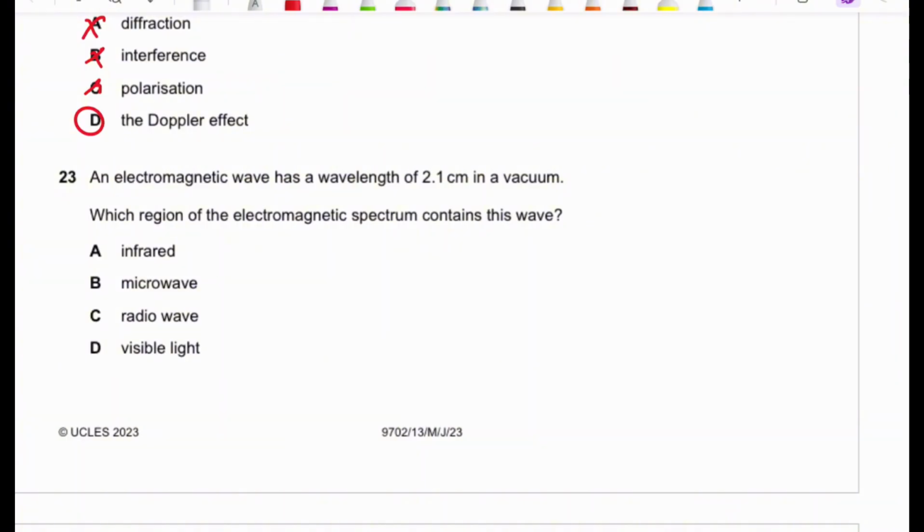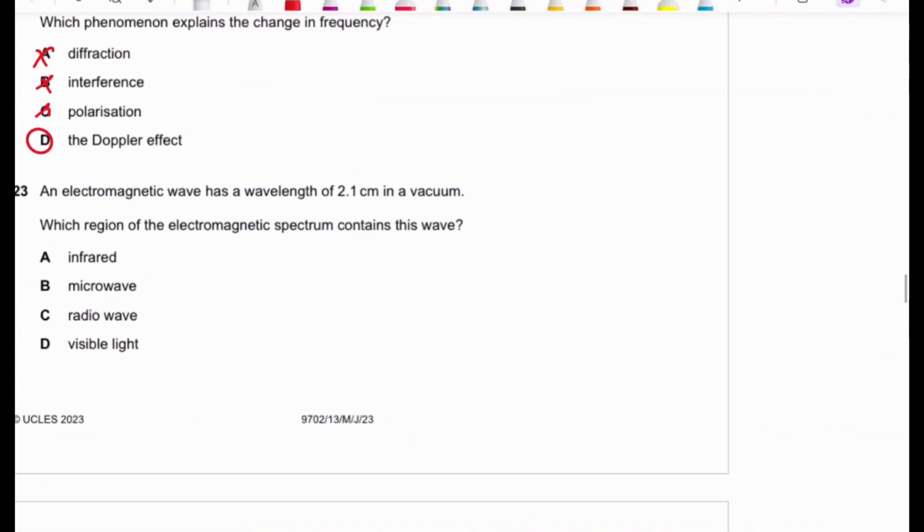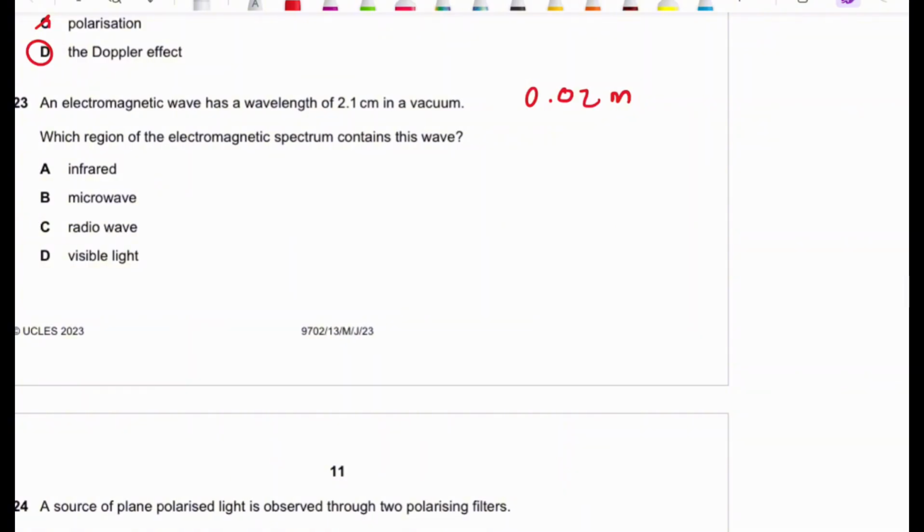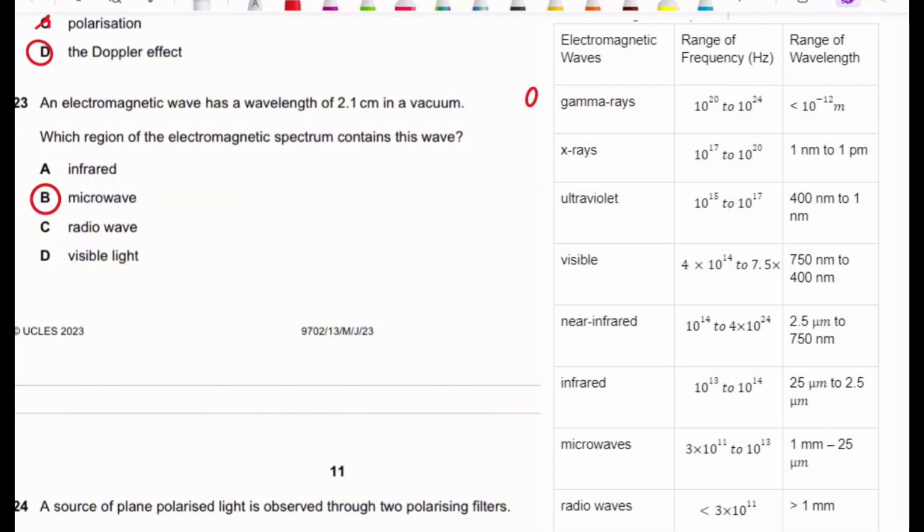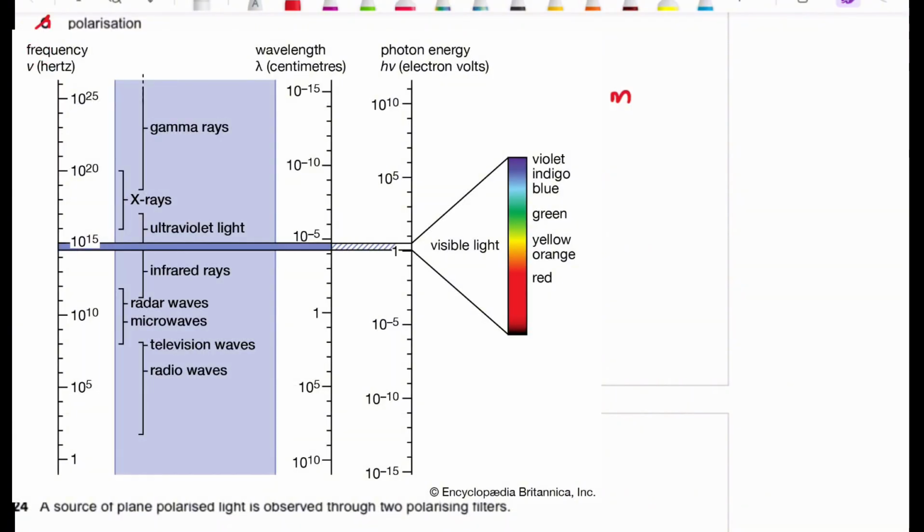When we're given a wave that has a wavelength of 2.1 centimeters, that's basically 0.02 meters. And as you can see over there, the one that fits is the microwave. Again, with electromagnetic spectrums, it's very, very difficult. Find a way of memorizing these in a way that makes sense to you, right? Like I've given you on the screen, these work in almost all cases, but really, you have your textbook.